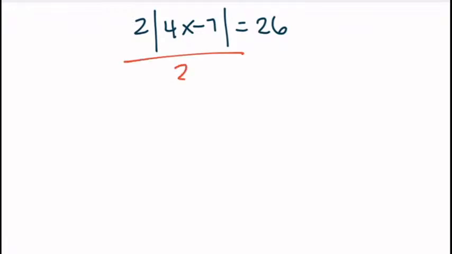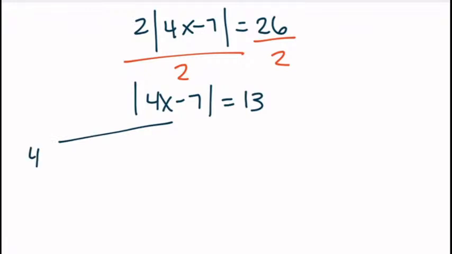Let's do one last equation. 2 times absolute value of 4x minus 7 equals 26. We're going to divide this whole thing by 2. 4x minus 7 equals 13.